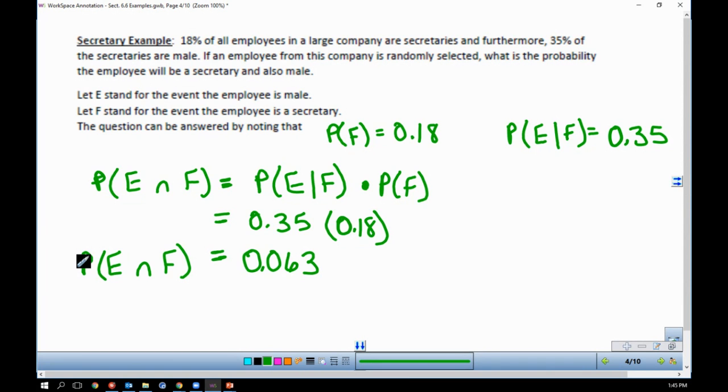No. Be a secretary and also, that's a horrible circle. And also, no. And also male. And, yes.